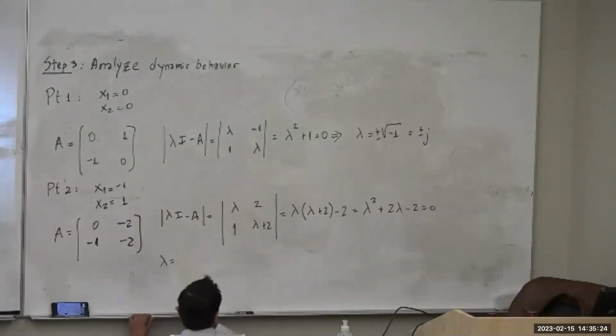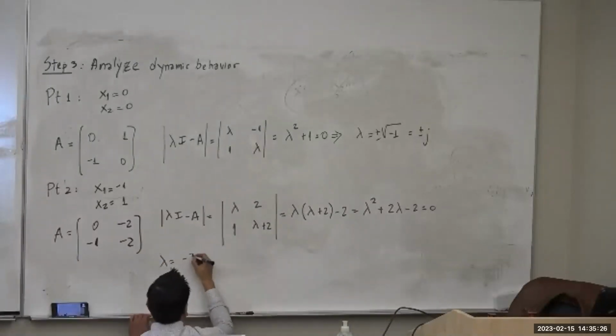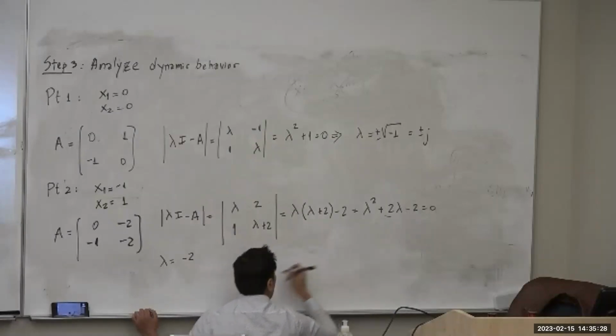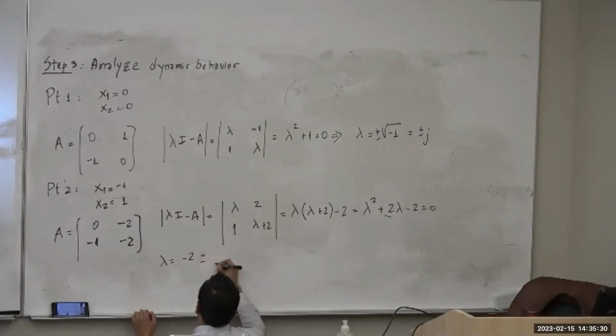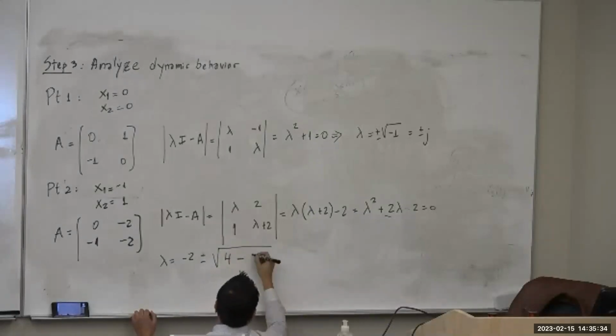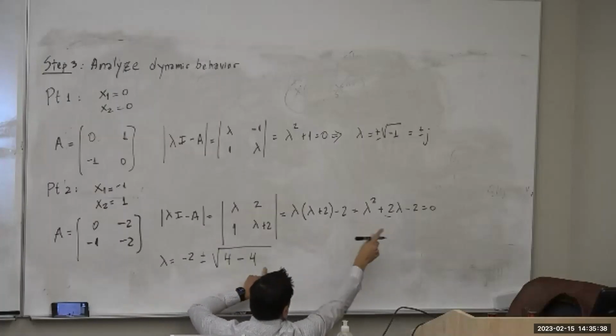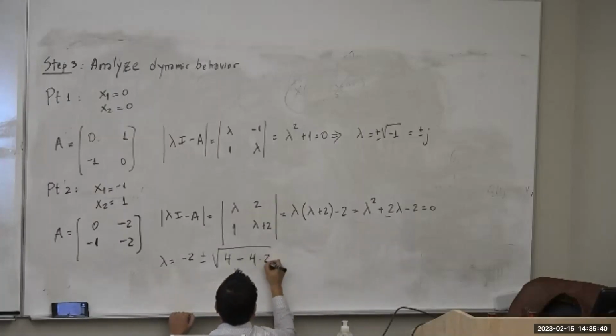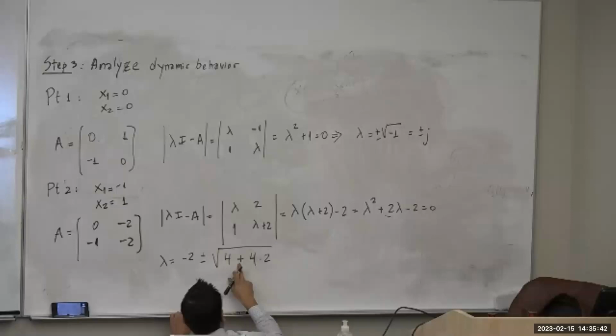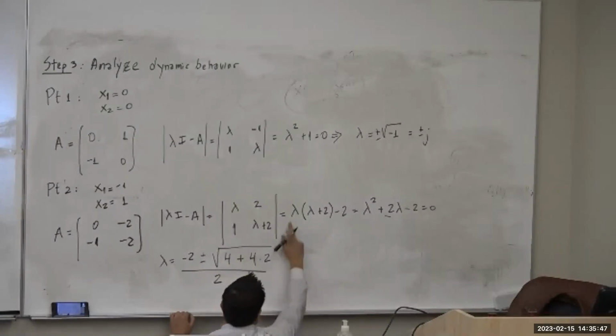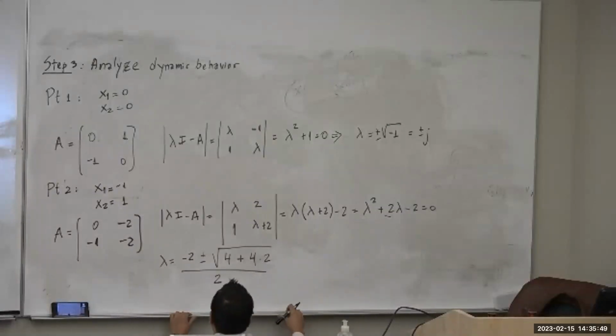The solution for lambda will be negative b, which is 2 in this case, plus or minus the square root of b squared, which is 4, minus 4 times a, which is 1, and c, which is -2. Negative with negative becomes positive. All of this is divided by 2 times a, which is 1.